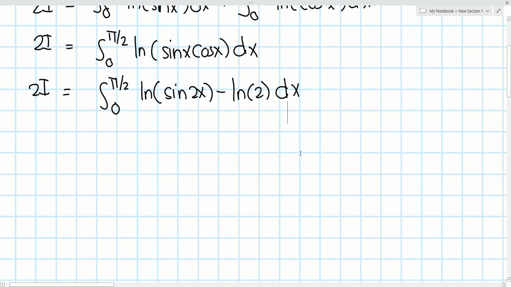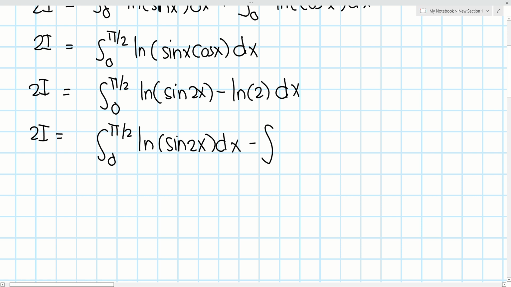Just to see things, we separate this: the integral from 0 to pi over 2 of ln of sine 2x dx minus the integral from 0 to pi over 2 of ln 2 dx.